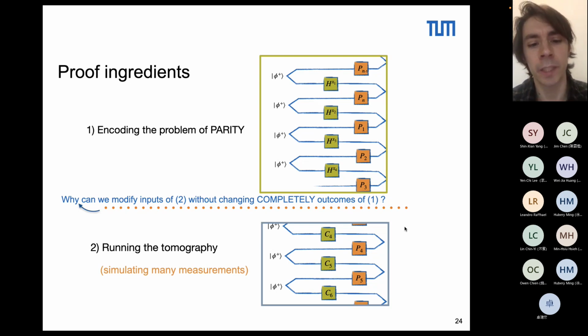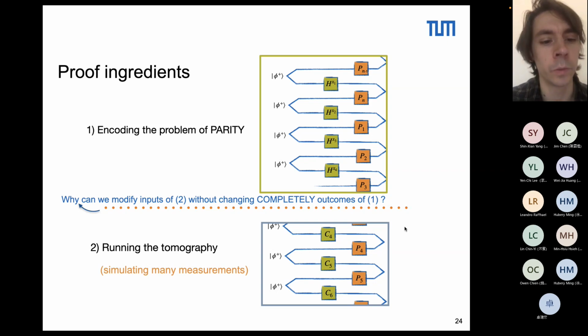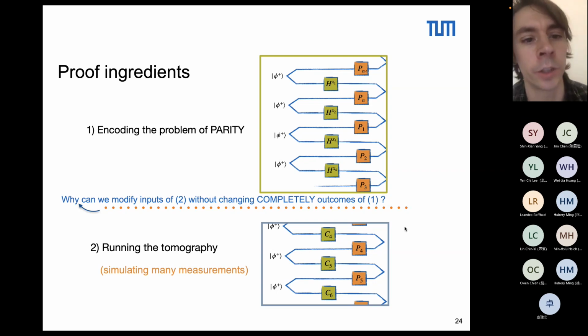But if every time we change the measurement, we also change the state, then we cannot do tomography. So the first ingredient of the proof is to have a construction where we can change the tomography, but have some promise that it's not going to change the state over which we're doing the tomography, or that it's not changing it too much.